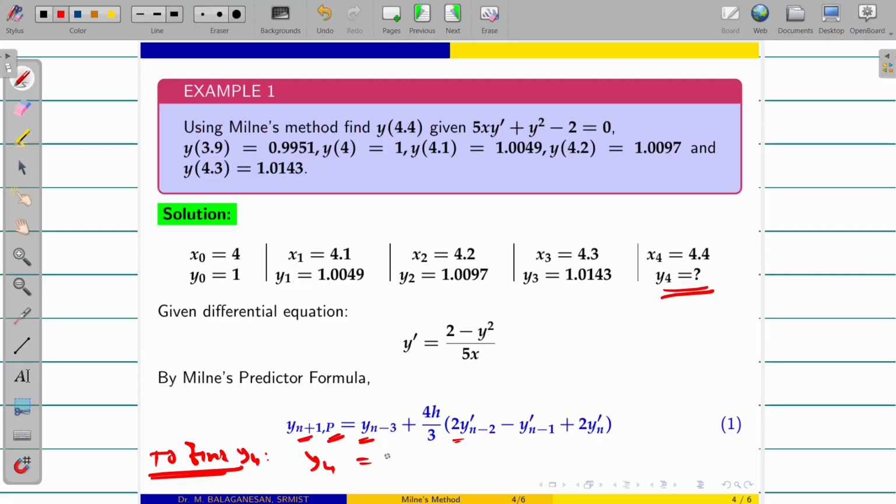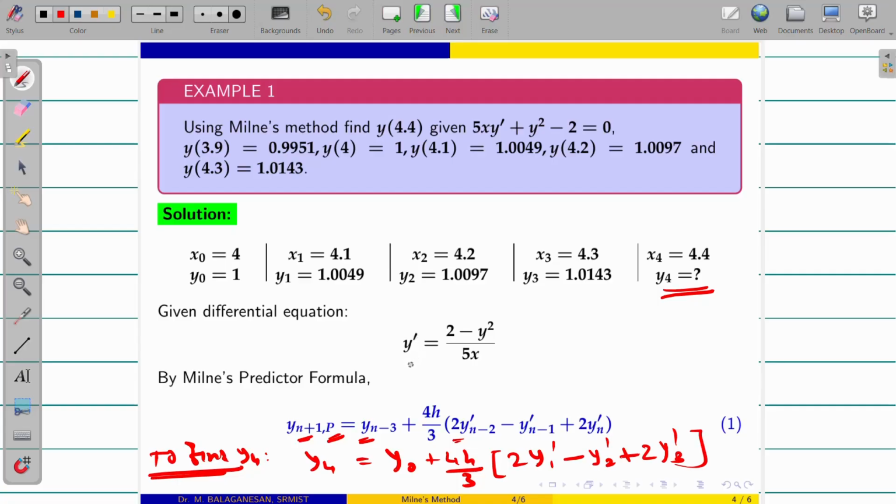It will be y0 plus 4h by 3 into 2 into, n value 3 we are giving, 3 minus 2 it will be 1, so y1 dash, minus, 3 minus 1 it will be y2 dash, plus 2 into y3 dash. That's it. Look at that, y1 dash, y2 dash, y3 dash. All are derivatives only.